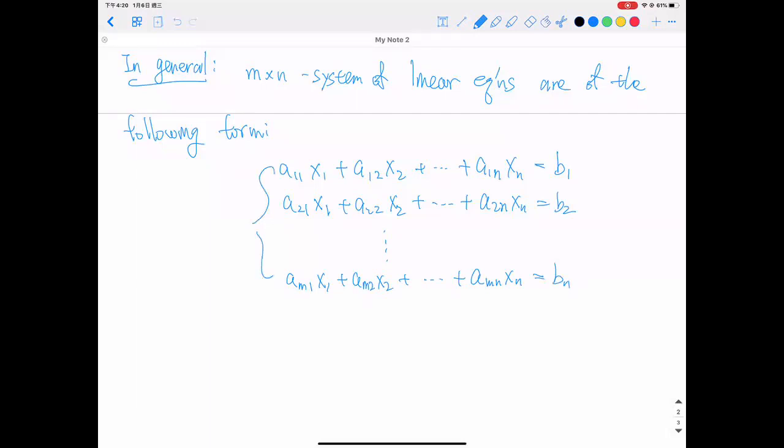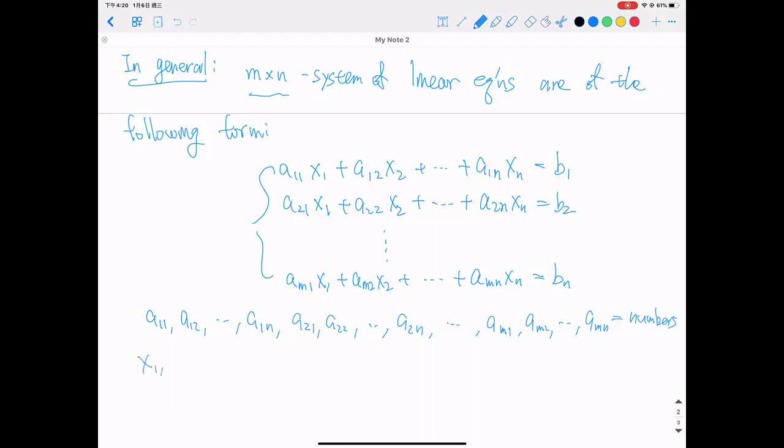So first of all, this is what we call an m by n system of linear equations. And just like for linear equations, a11, a12 to a1n, a21, a22, a2n, all the way down to am1, am2, amn, these are numbers.